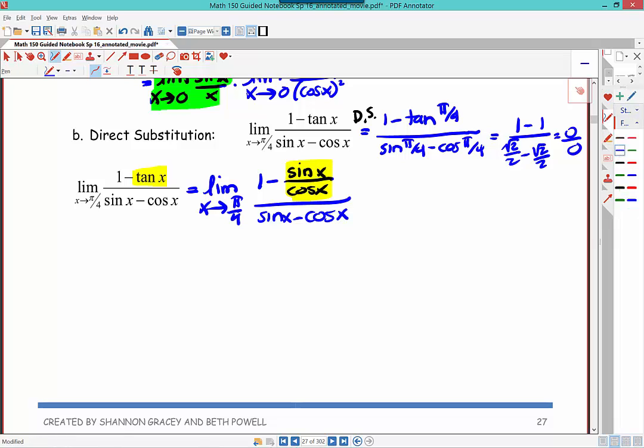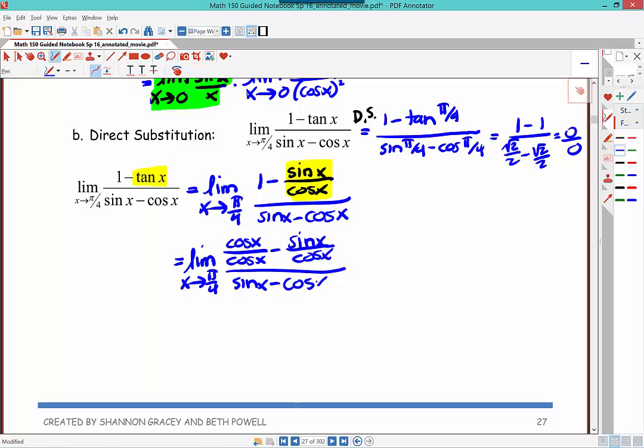All right, so in turn, let's get a common denominator for this expression in the numerator. So we're going to end up with the limit as x approaches pi over 4 of 1 is the same as cosine at x over cosine at x minus sine at x over cosine at x over sine at x minus cosine at x.